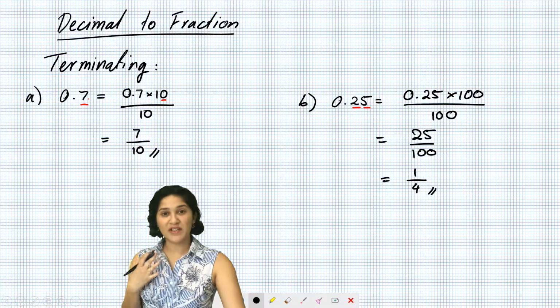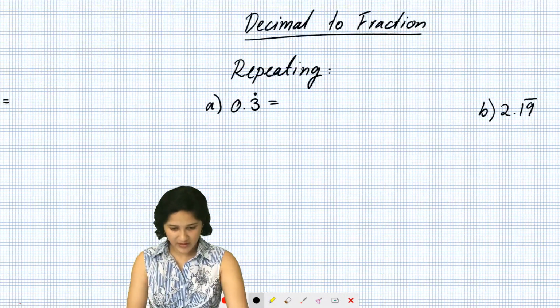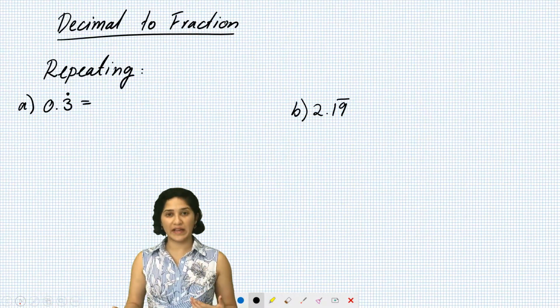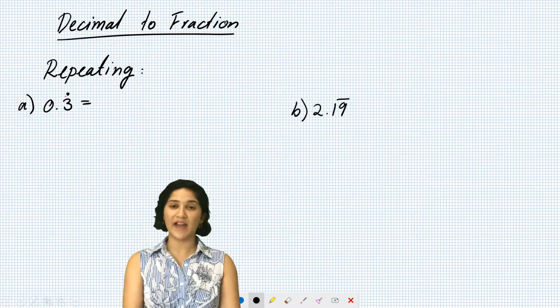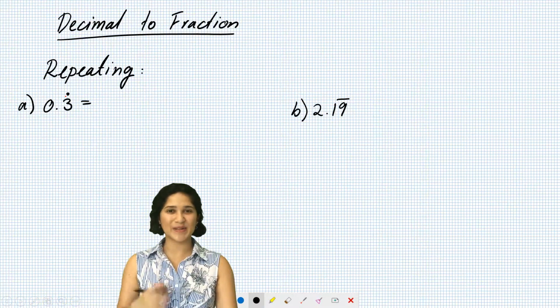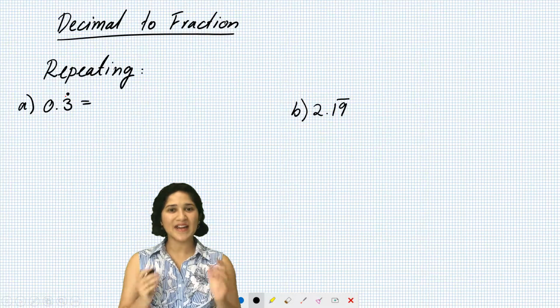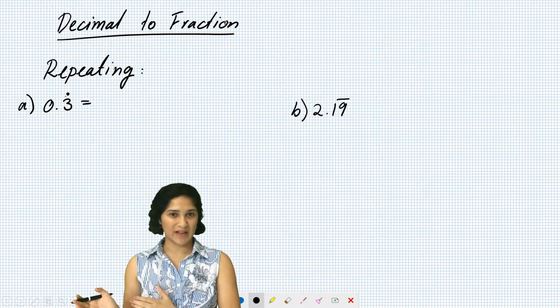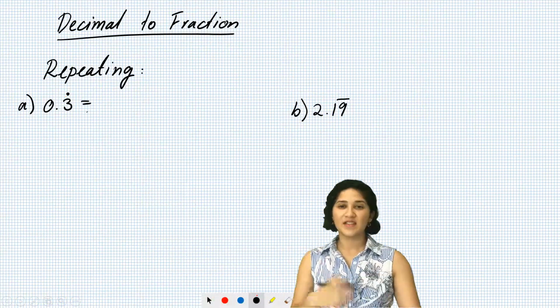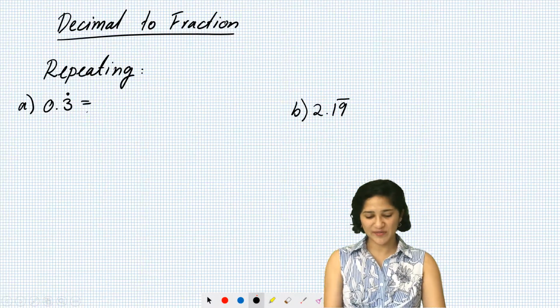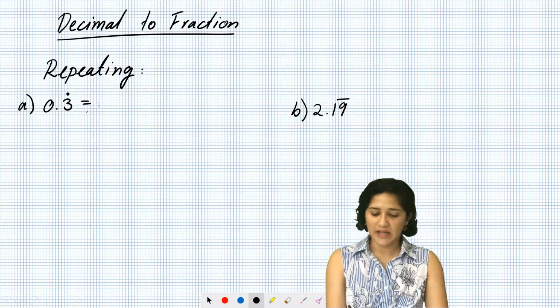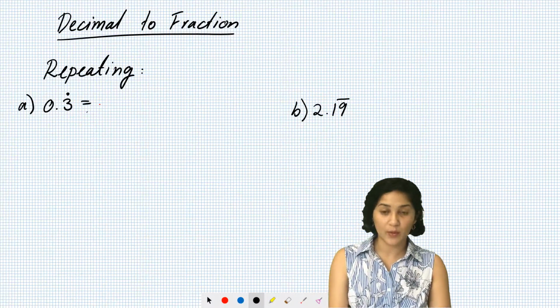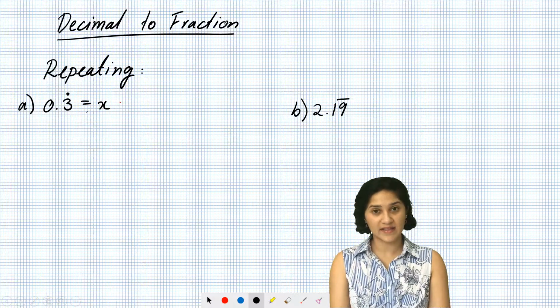So that's great for terminating decimals. But what if we have a repeating decimal? This time I have infinite decimal places, so there's nothing I can multiply by to move the decimal place all the way to the end. So we have to get a little bit more creative. We start by calling the number we want to convert x.